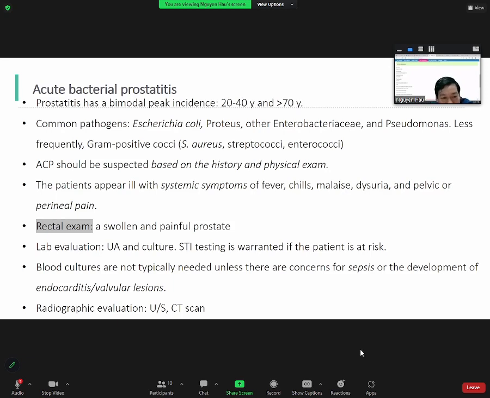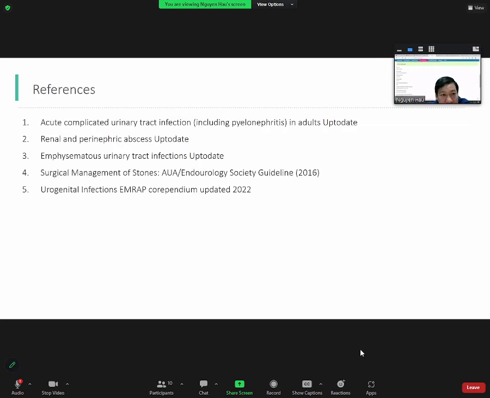Labs evaluation, ultrasound abdomen, and culture. Sometimes STI testing is warranted if the patient is at risk. Blood cultures are not typically needed unless there is concern for sepsis or the development of endocarditis. Radiographic evaluation or CT scan in some situations. Okay, some references.